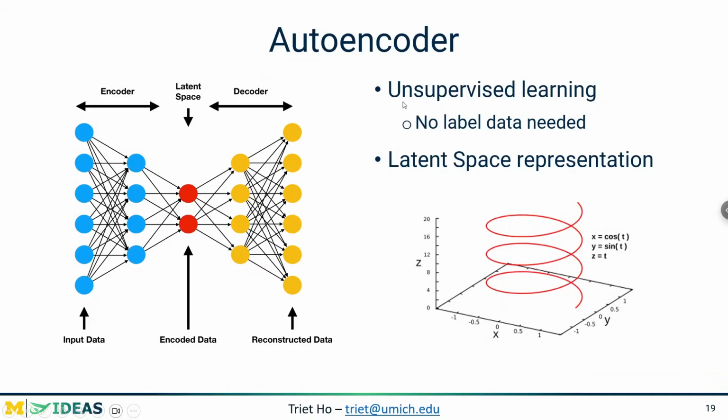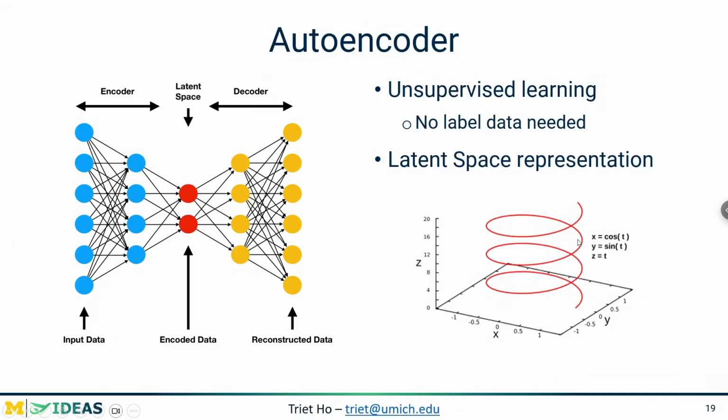And some properties of an autoencoder. This is unsupervised learning. What that means is you don't need a label for the data, right? No labels needed. You basically have the data, and a representation of the data in the latent space. The latent space representation tries to capture the same information, the same data, in a lower dimension, right? So this is an example.